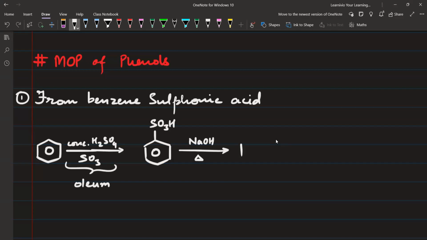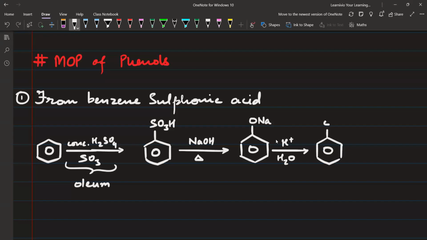It will get converted to sodium phenoxide. Once you react this with H plus in the presence of water, you will get phenol. Pretty simple.